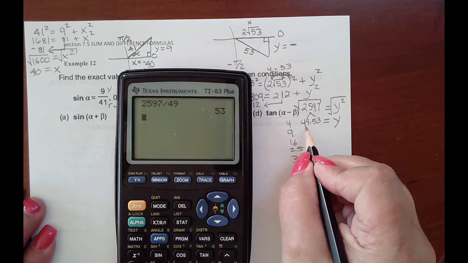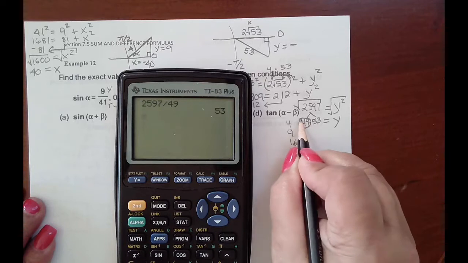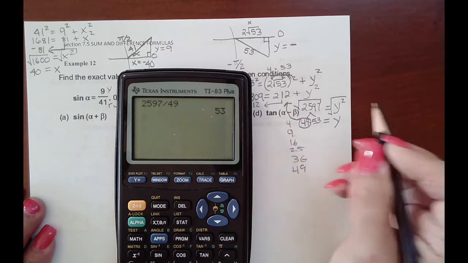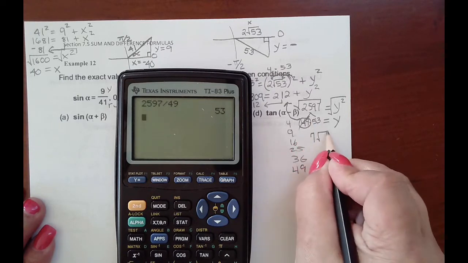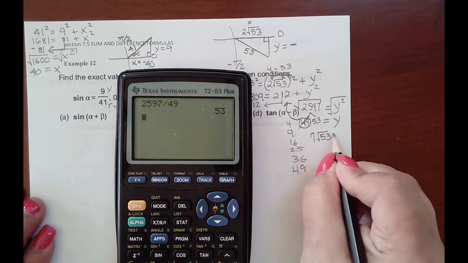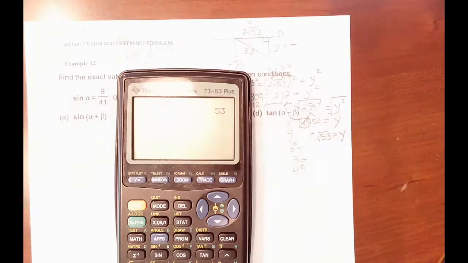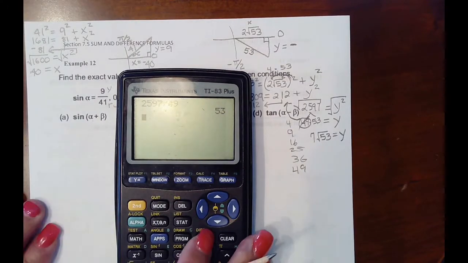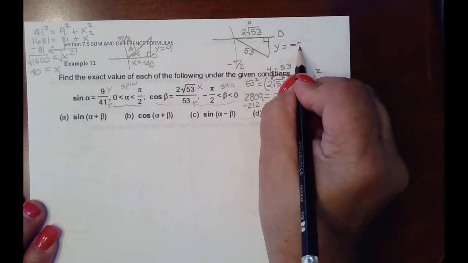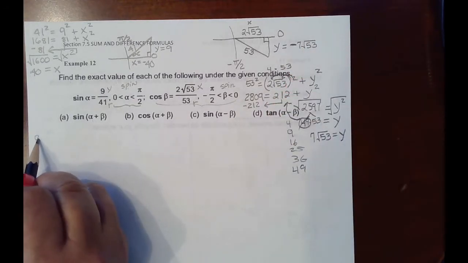So there is something that's a factor of 2597. It's this number. You can take this out from underneath the radical, taking the square root as you do so, and leaving the 53 inside. So that simplifies as the partial square root, 7 times square root of 53. Okay, that's the y value in this particular problem. Go put it on the triangle, because you're going to be looking at this triangle over and over again as you try to do parts A, B, C, and D.